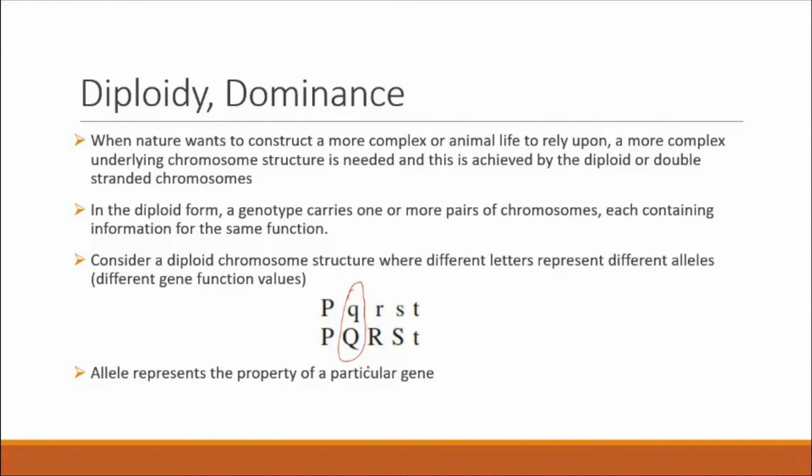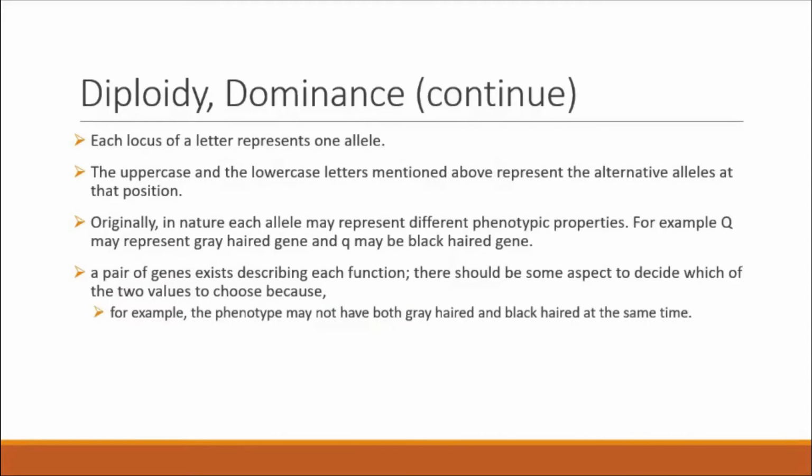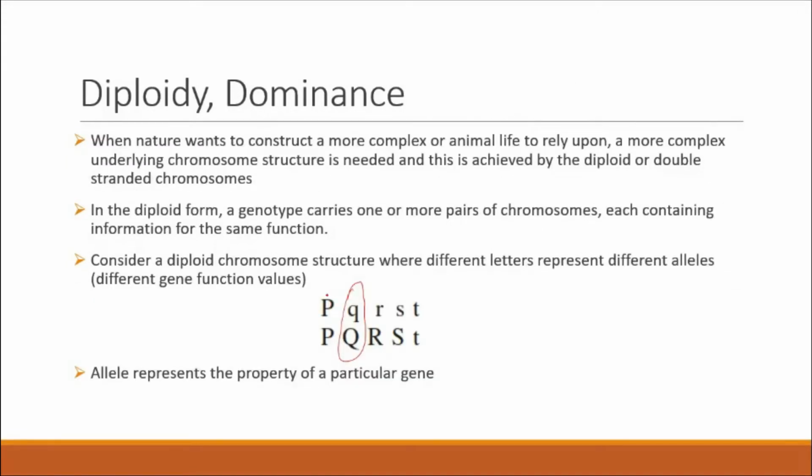In that case, one is dominant over the other; out of these two alleles, one will be dominant. Each locus of the letter represents one allele. In the previous case, both are capital P, but small p is also possible there, because all the other letters also have a small-letter representation.